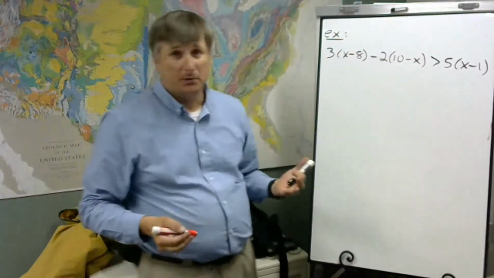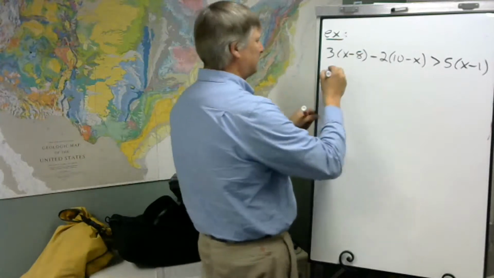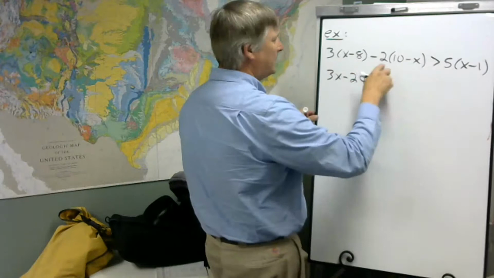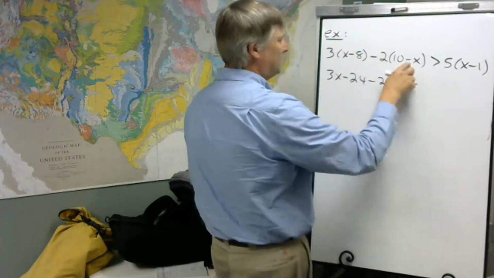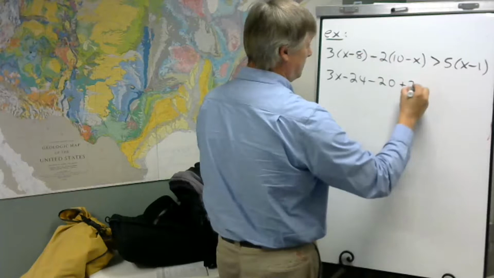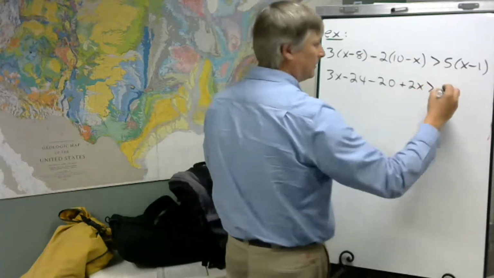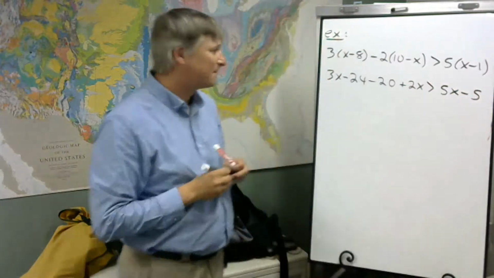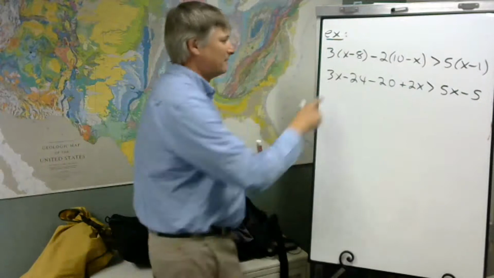So again, we're going to distribute here. So we'll get 3x minus 24 minus 2 times 10 is minus 20. Minus 2 times minus x is plus 2x greater than 5x minus 5.